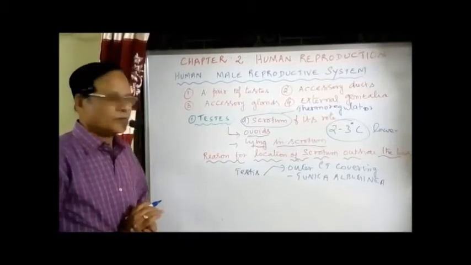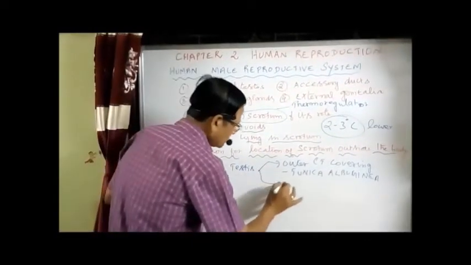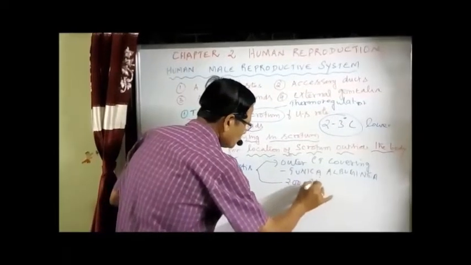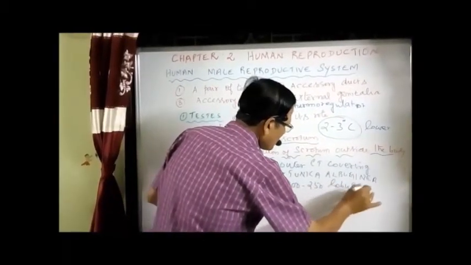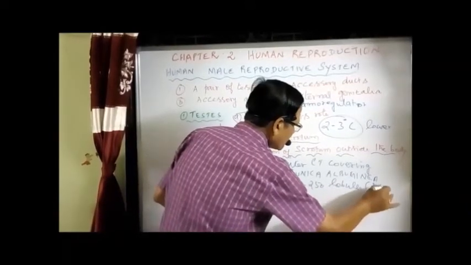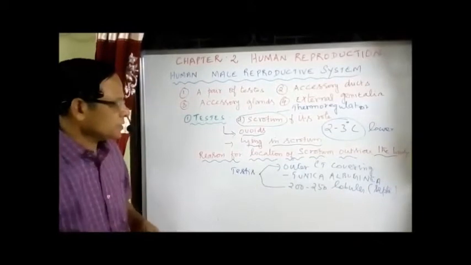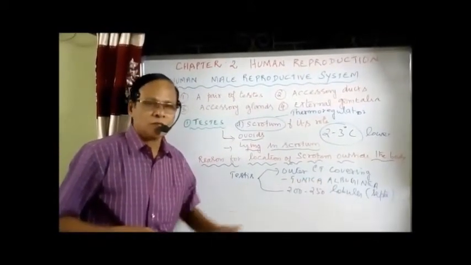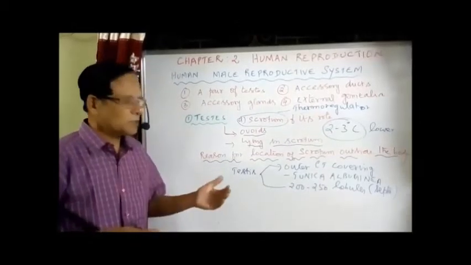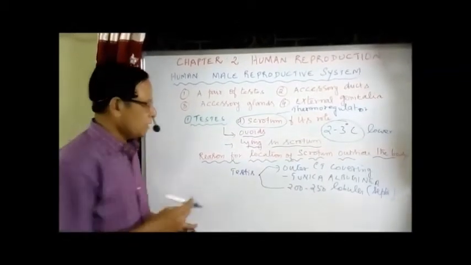Each testis is divided into 200 to 250 lobules by septa. These are called the testis lobules or testicular lobules.